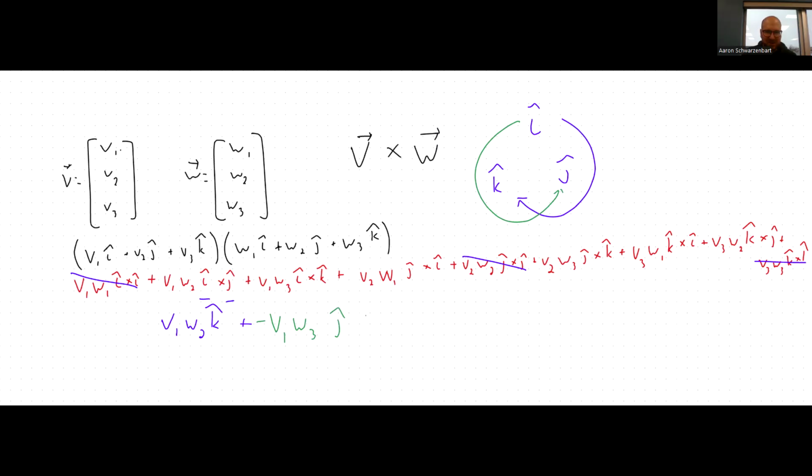Plus my next one, V2W1, j cross i is negative k. V2W3, j cross k is positive i.